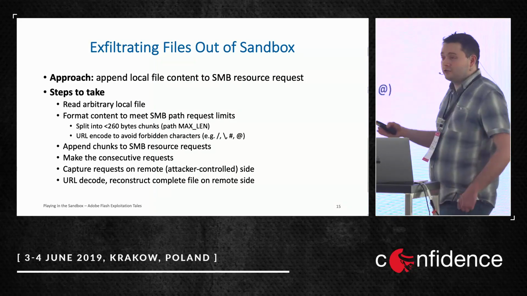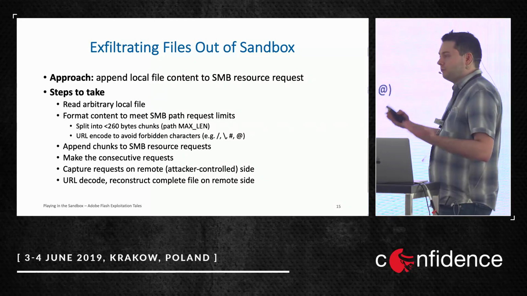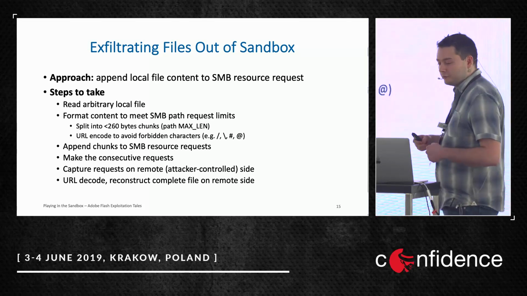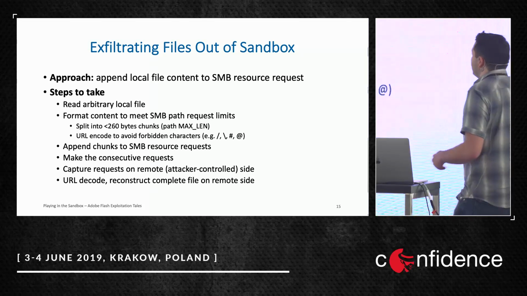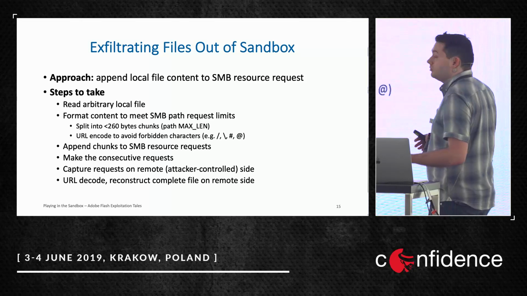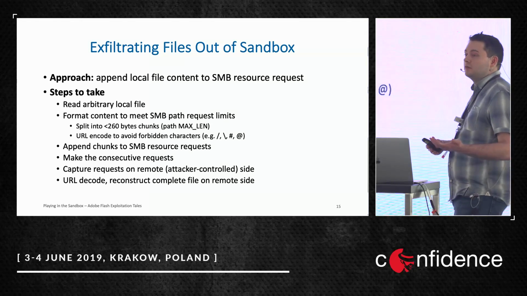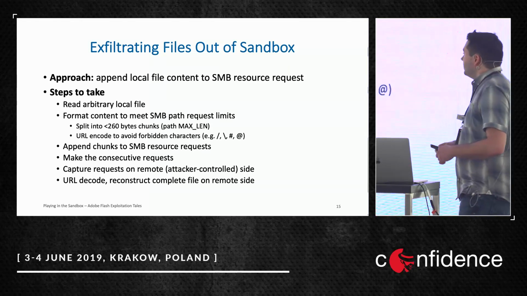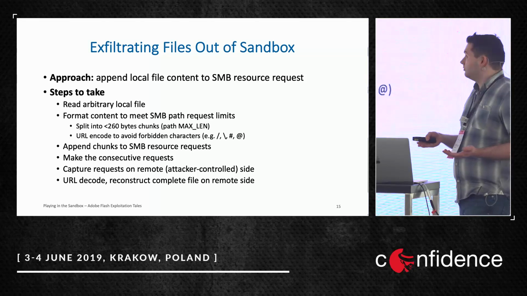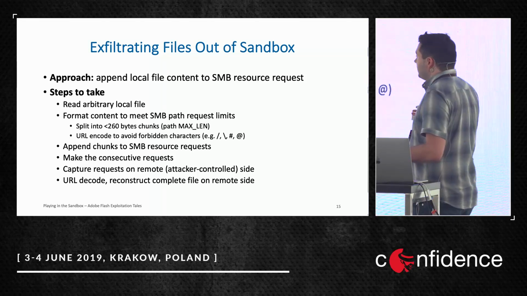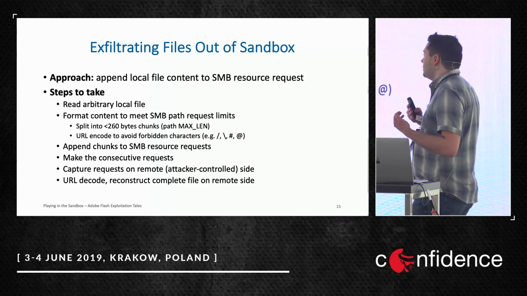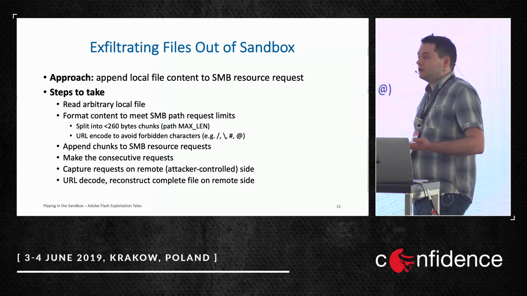So this is, of course, interesting. We just escaped the local sandbox, but we want to steal some files. So the approach is basically you append local file content to the SMB resource requests that you make. A couple of basic steps. So you read the file that you're interested in, and then you take into account some of the SMB path restrictions.